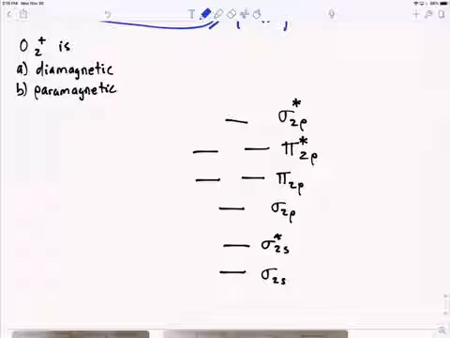So O2 plus, and this is 11 electrons. How many think it's diamagnetic? How many think it's paramagnetic? Yeah, so we got one person playing.